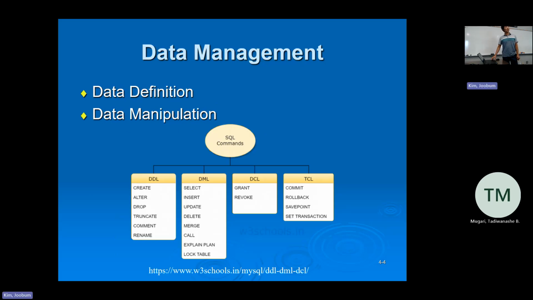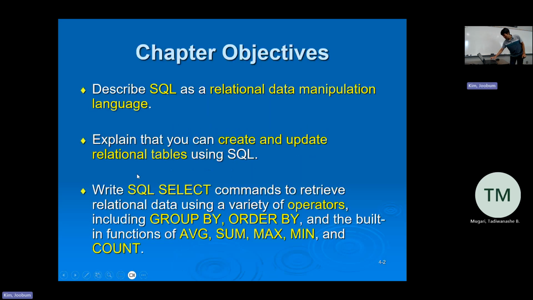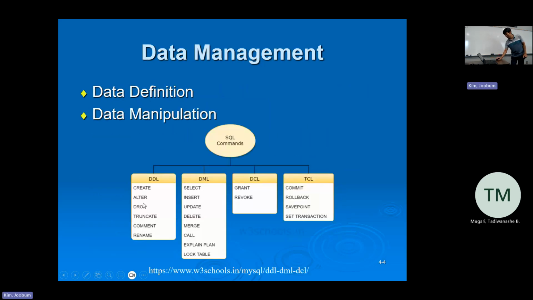DCL, data control language. TCL is transaction control language. Create and drop are examples of DDL. Select, delete, insert, update are commands of DML. Grant and revoke are DCL, and commit is an example of TCL. But usually DDL and DML are frequently used.